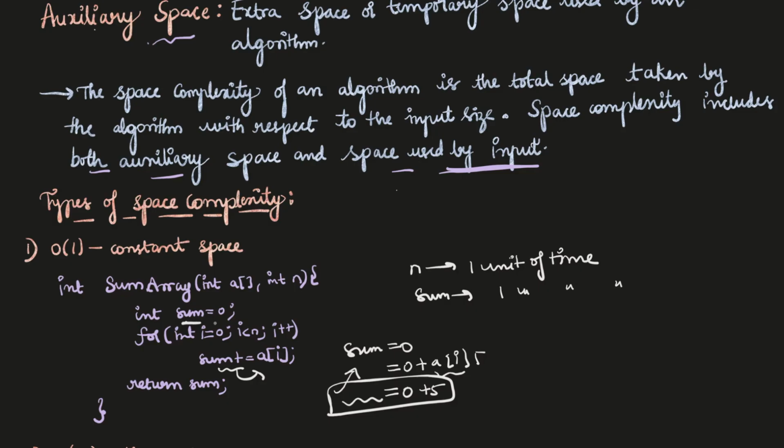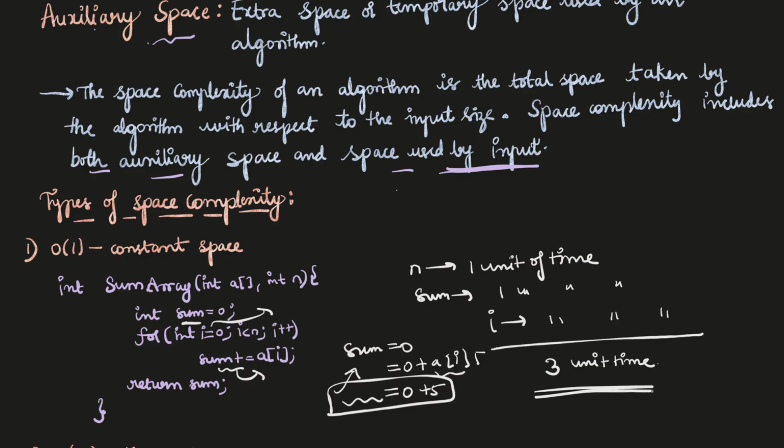And when you come to the variable i, it is also taking 1 unit. So how many units in total is it taking? It would be 3 units. You don't have to calculate an array part until and unless it is declared separately in the sub block of the code.